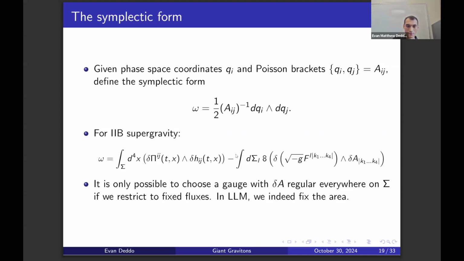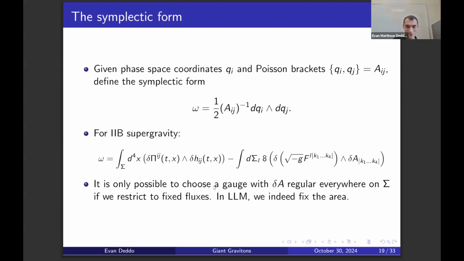So since we have this very nice LLM description, it's possible that we can rewrite this just in terms of the boundary data in LLM. Oh, and I should also mention that demanding that this delta A be regular, in order to have a non-singular symplectic form, demands that we restrict to the condition of fixed fluxes.